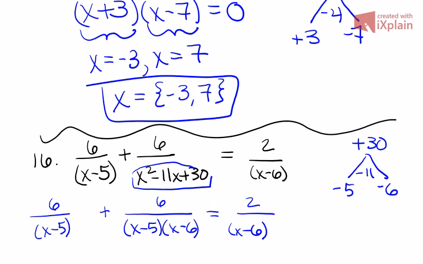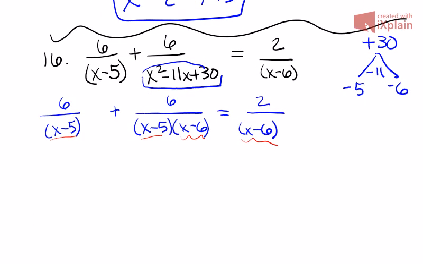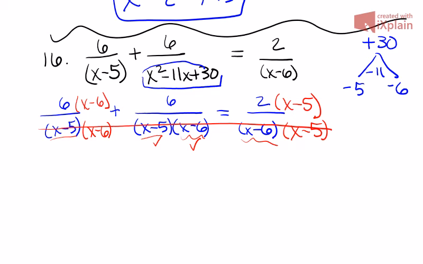Now we have to figure out who needs what. Looking at this, these both have x minus 5, these both have x minus 6. Meaning this front group needs x minus 6. Whatever the bottom gets, the top gets. This guy has the two things he needs. This guy needs x minus 5. Now that all the bottoms match, remember they can go away.